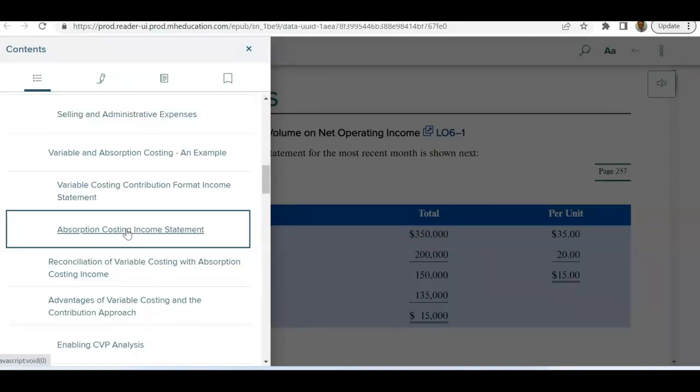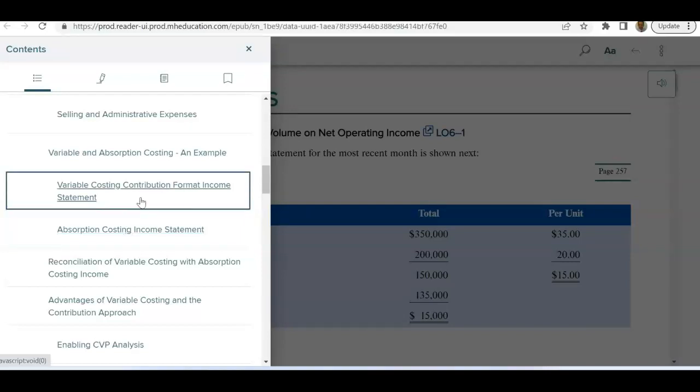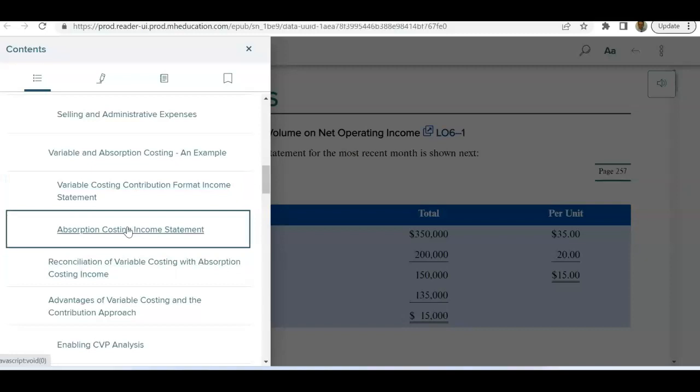In absorption costing, you have cost of goods sold, so sales minus cost of goods sold gives you gross profit. But in variable costing, sales minus variable expenses gives you contribution margin. Contribution margin is a dollar amount that you can use to pay for fixed expenses in the business. So those are two different types of income statement, even though in some cases the net income would be exactly the same, but the amount of information that you get from it will be totally different.